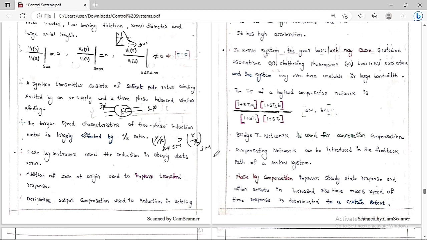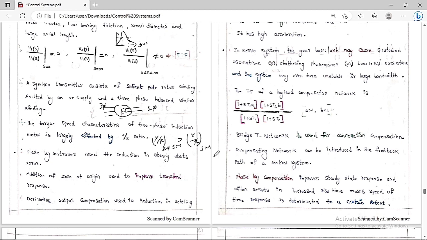So basically, in the case of servo systems, if you use gear backlash, then because of this some sustained oscillations are going to be present, which is also called chattering phenomena or low-level oscillations, which are present all the time.